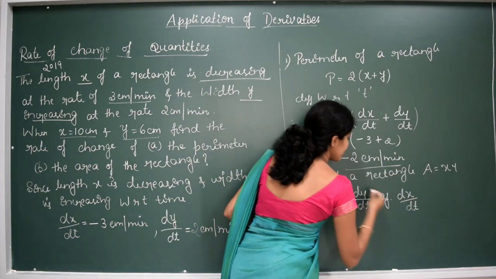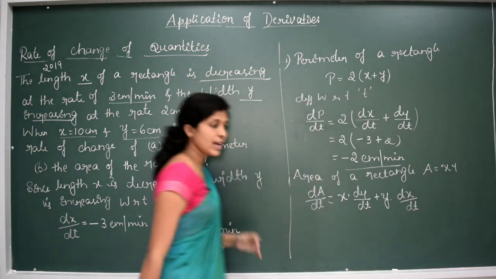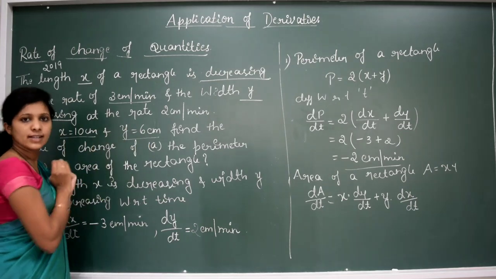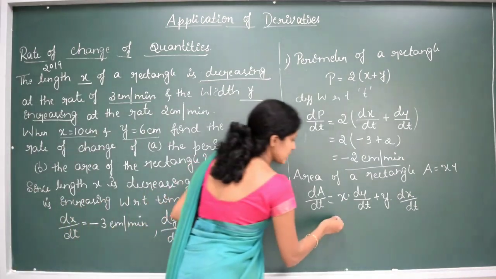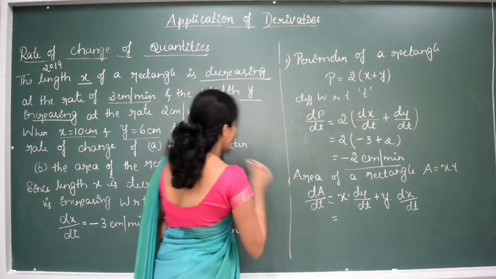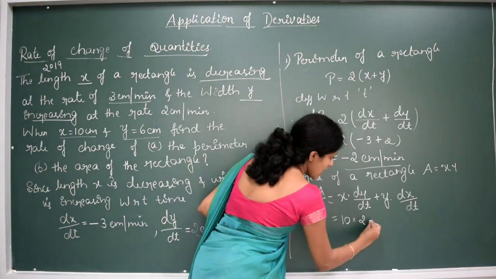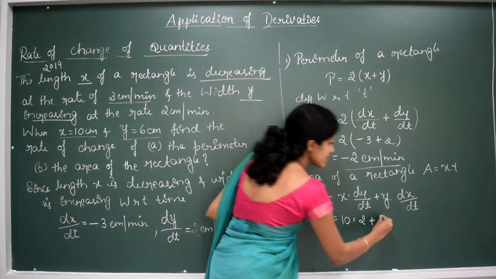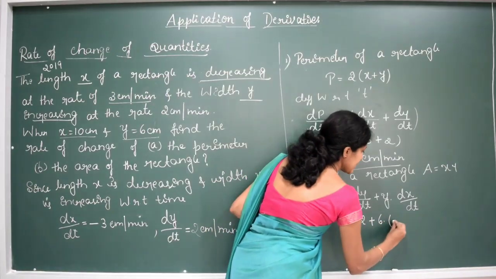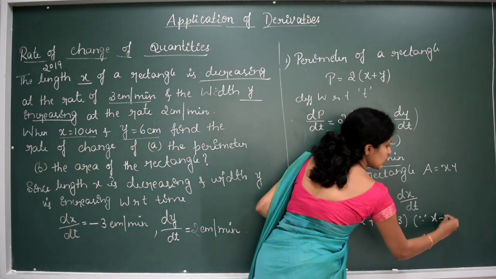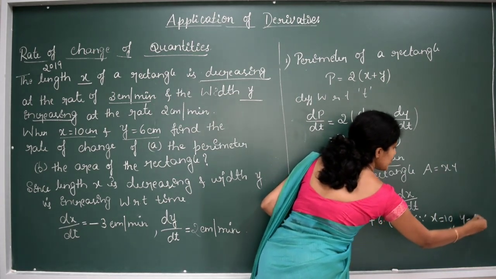Anyway, we have the value of dy by dt and dx by dt, and one more thing, the values of x and y are also given. We'll substitute this one. The value of x is given as 10. So this is 10 into dy by dt, which is 2, plus the value of y, which is given as 6, into dx by dt, which is minus 3. Since it is given x is equal to 10 and y is equal to 6.